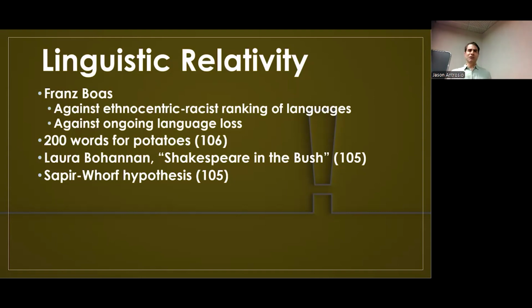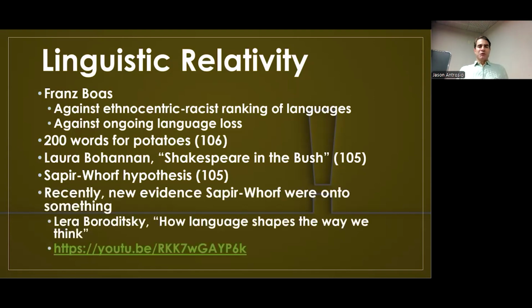So it was always difficult to know what was going on. Recently, some of the people in language labs have brought this back. They say the evidence shows that this idea that language shapes thought is more provable or demonstrable than even Sapir and Whorf knew 100 years ago.